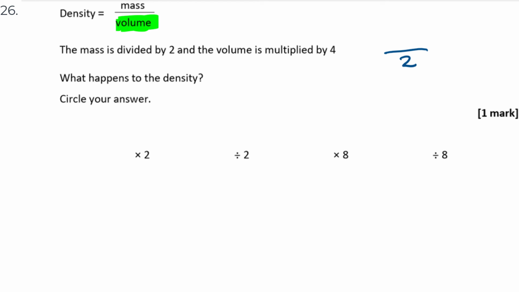So if we're making this 4 times bigger, that's the same thing as dividing by 4, isn't it? So we're also going to be dividing by 4 again. So we're actually going to be dividing everything by 8.